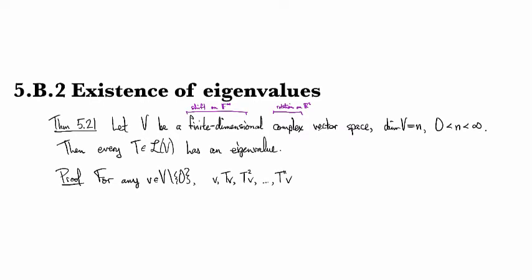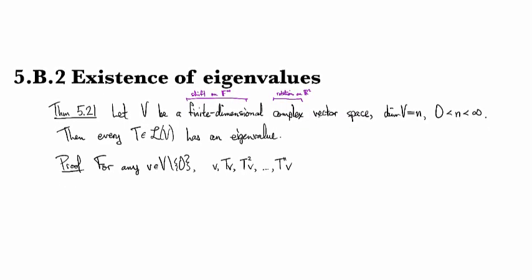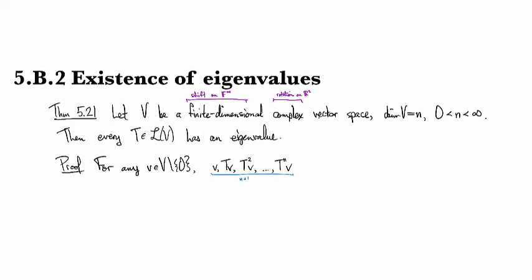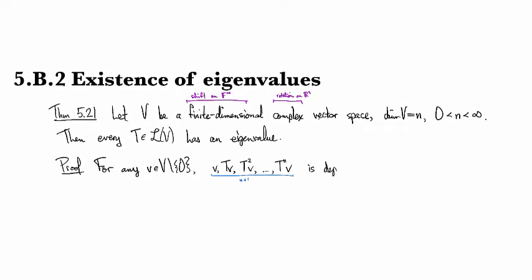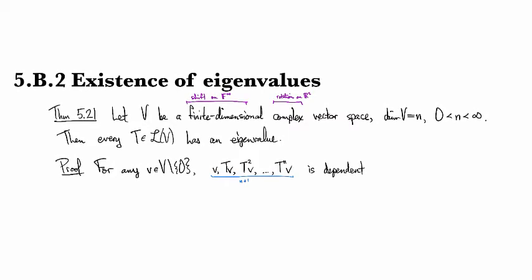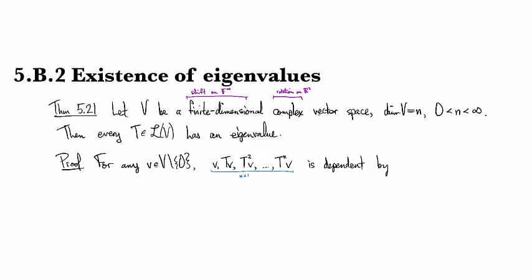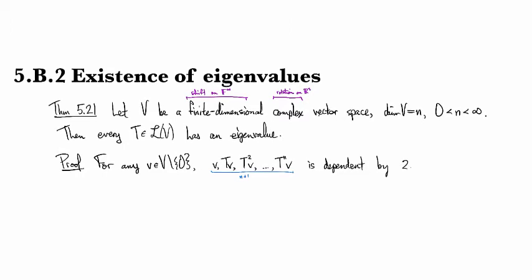By the time you get up to T^n V, there are going to be n plus 1 vectors in this list, and we have a theorem that tells us that this has to be dependent because we're in a space of dimension n. And that one is 2.23.